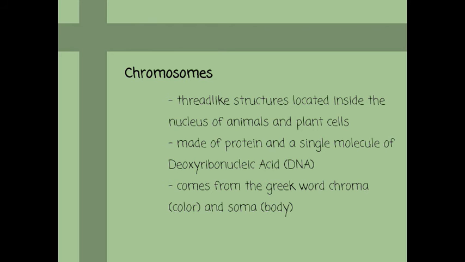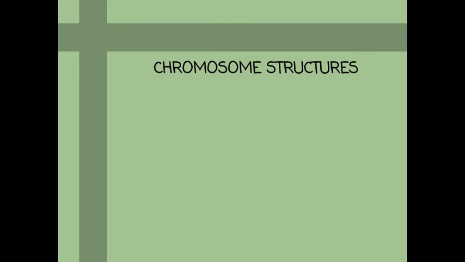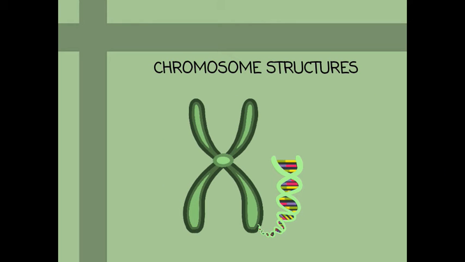Now, here we have an image of a typical chromosome. These are the two identical chromatids. One is an exact copy of the other and each contains one DNA molecule. The short structure of the arm is called the P-arm and the center part is called the centromere.